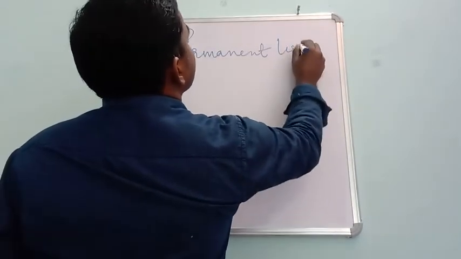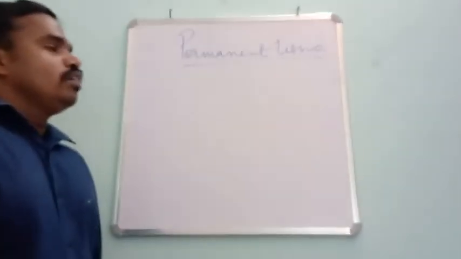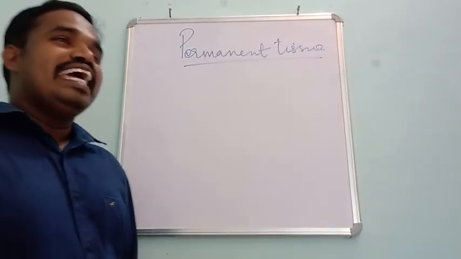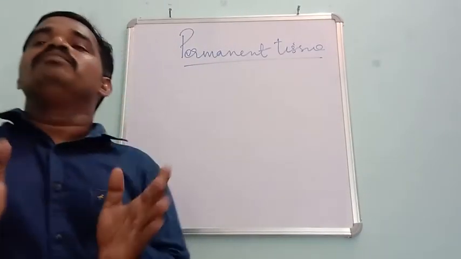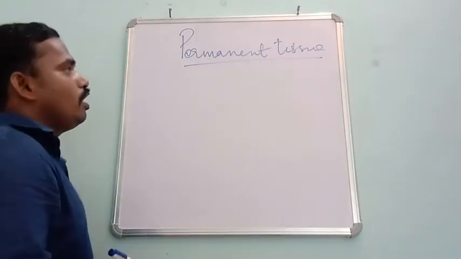Permanent tissue. A group of cells that take a definite shape and size and do a particular function. Okay, so that we call permanent tissue.